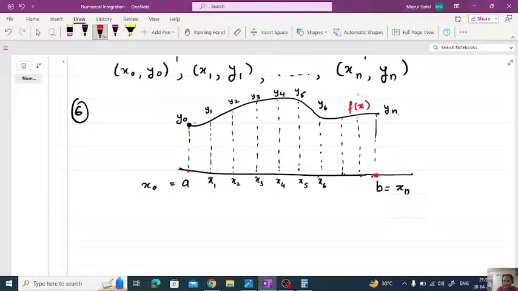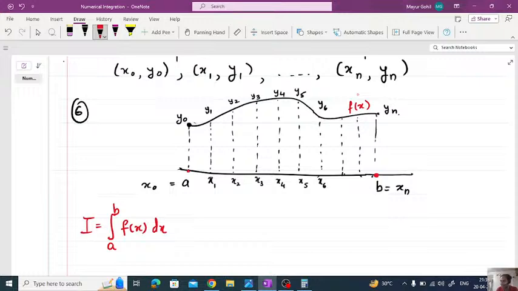Now, in order to find the integration from a to b, you use the definite integration formula, I equals integration a to b f(x) dx. In order to find this integration, you have methods of integration. But in numerical methods, you break your interval into proper portions.